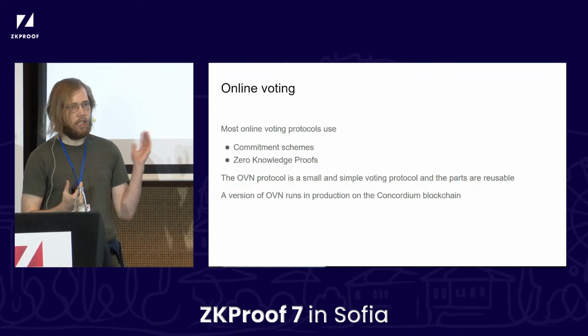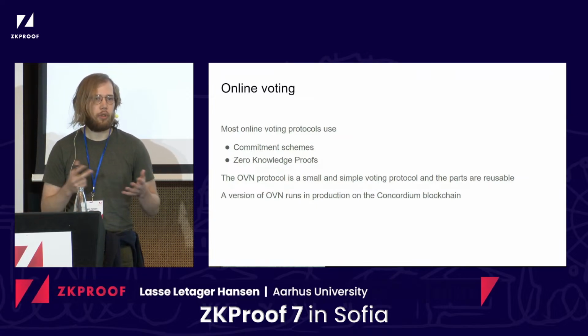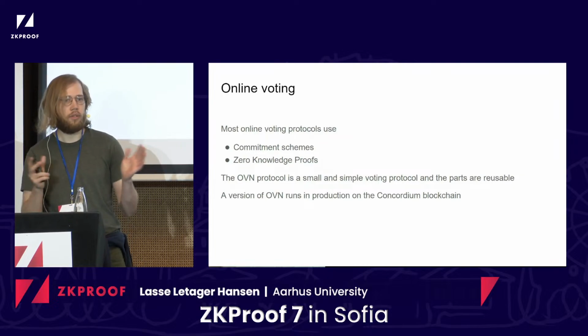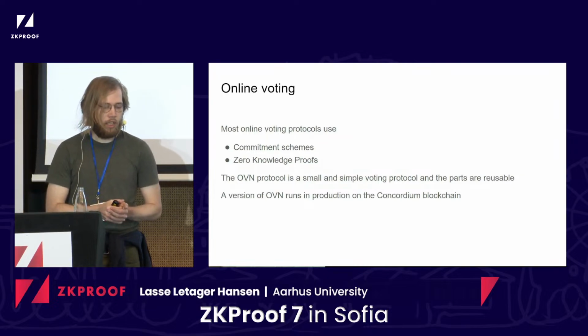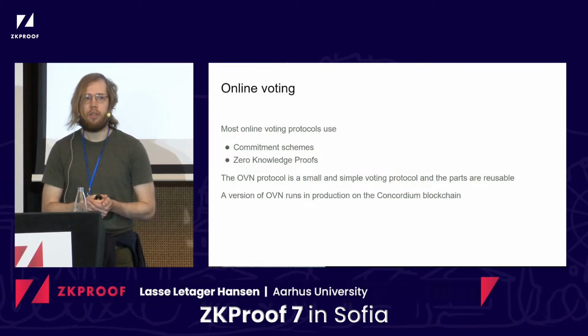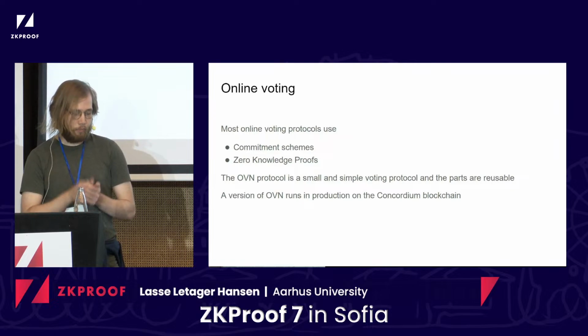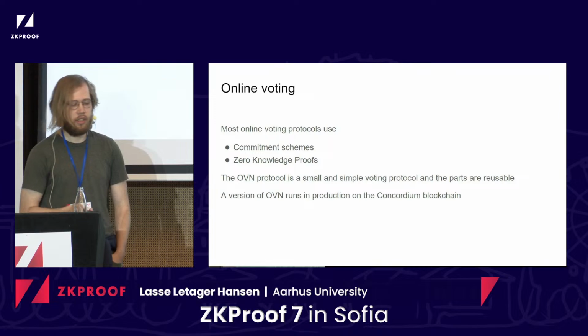OVN is made for boardroom voting, which means voting with like 50 to 100 people, but not large-scale elections. However, you could imagine reusing a lot of these components to prove something like ElectionGuard, which is a larger effort for doing actual large-scale votes.